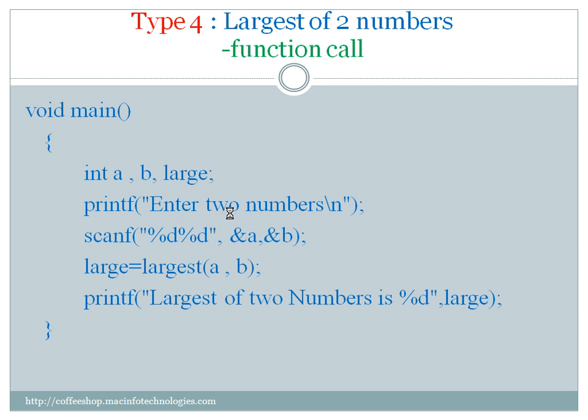So in main function we say int a, b and large. We say enter 2 numbers and the user will enter 2 values. We'll send them to the largest function. Whenever the user enters 1 for a and 2 for b, 1 and 2 are sent to the largest function.